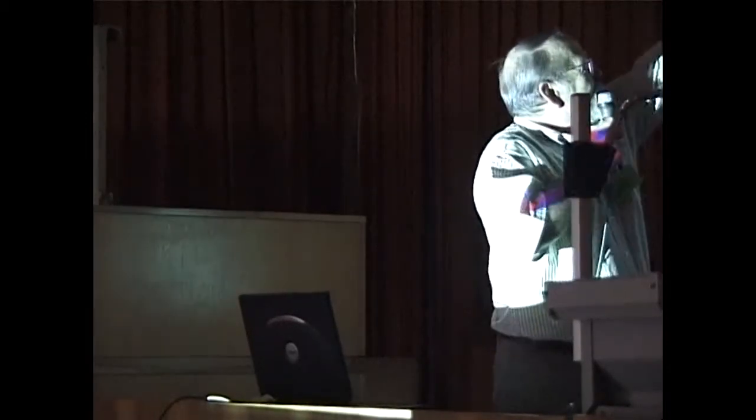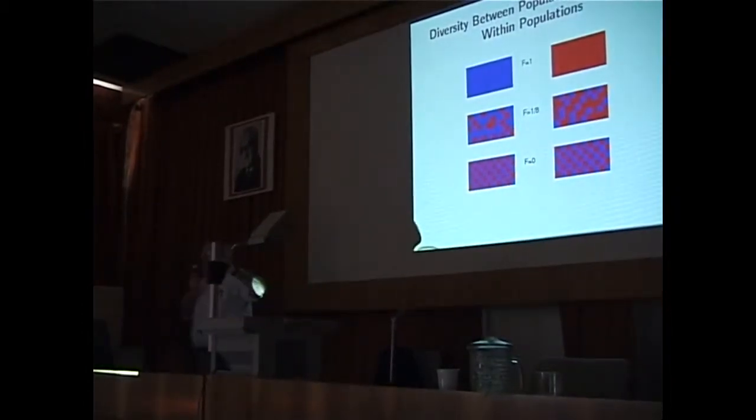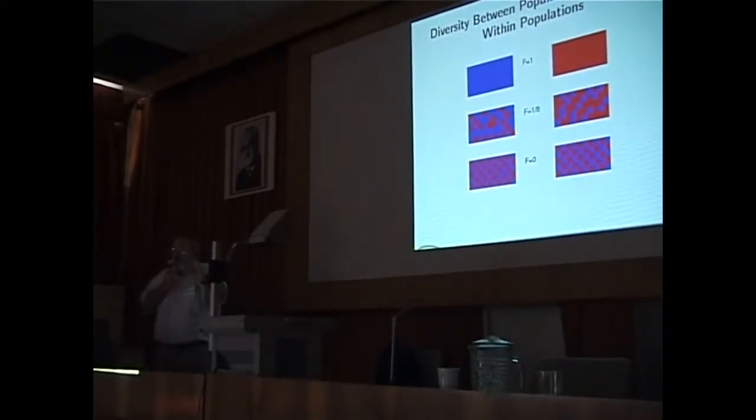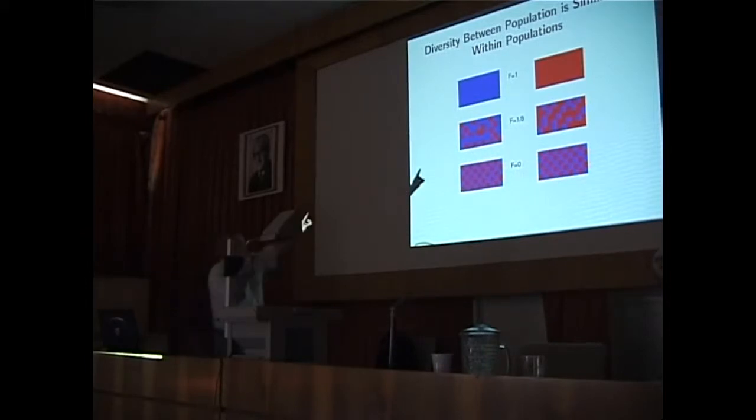F equals 1: the populations are absolutely different. There's no similarity between populations. Another way of saying it is that any two individuals within a population are exactly the same. It's an absolute difference. F equals 0 means there's no difference between the populations. An individual from one population is no more similar to another individual within his own population than to one in another.